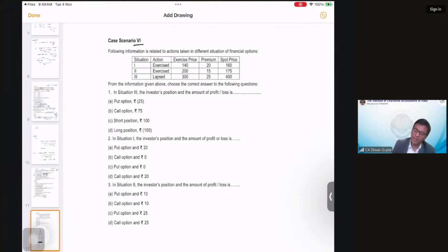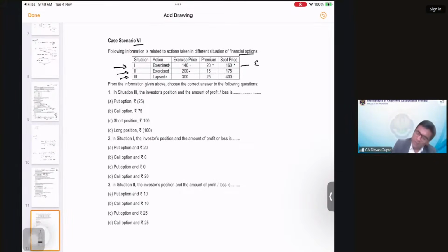The following information is related to actions taken in different situations of financial options. So there are three different situations given: situation one, two, three, and the action is also given, whether it is exercised or lapsed. Exercise price is 140, premium was 20, and spot price is 160, and this is exercised.